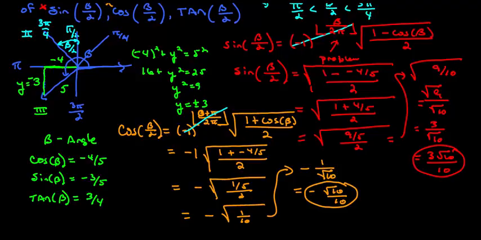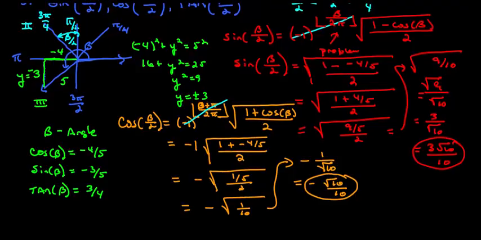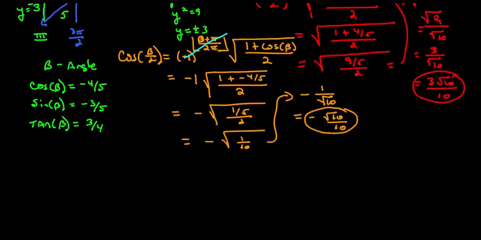Now there's a formula for the half angle for tangent, and you can go out and look it up, and I believe I give it to you in one of the worksheets in class, but we don't need it here because we have sine and cosine. So let's do this in this bright blue.